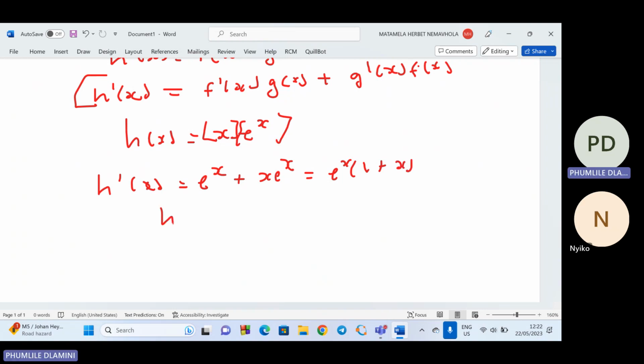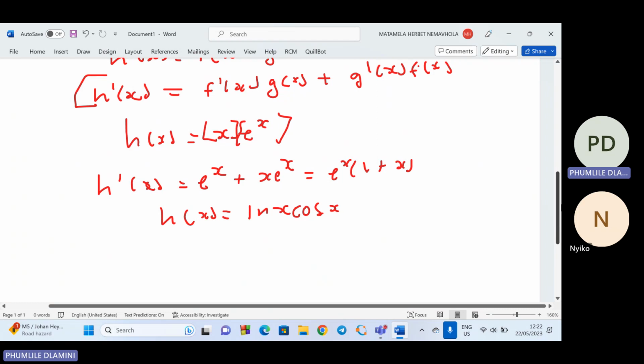Sometimes it can be h of x equal to ln x cos x.